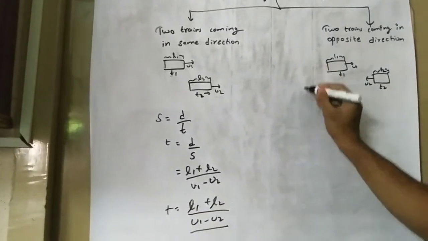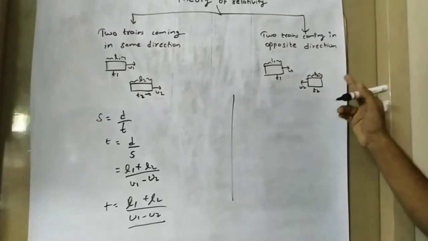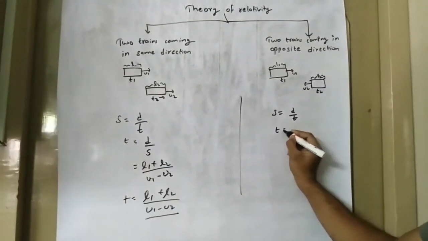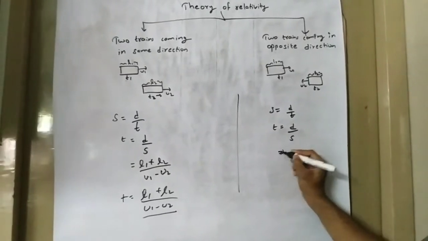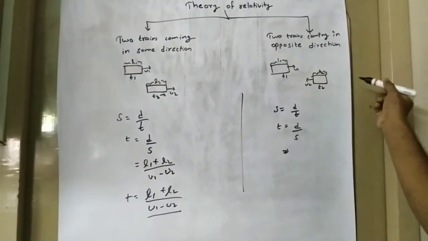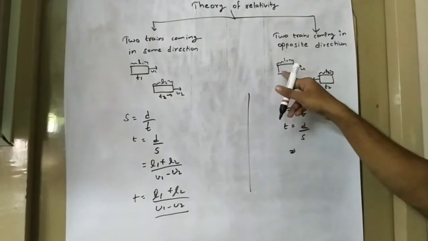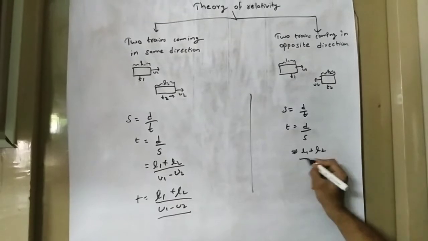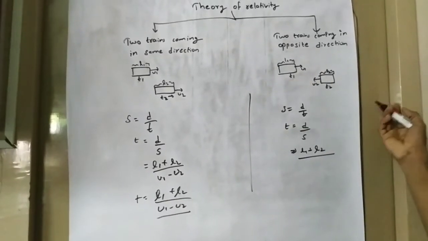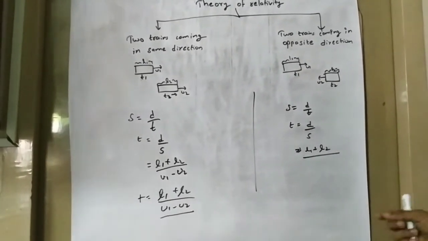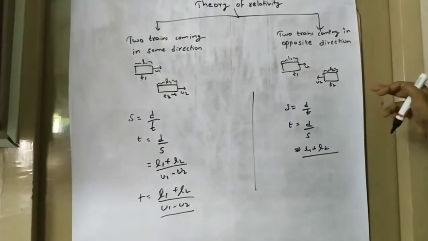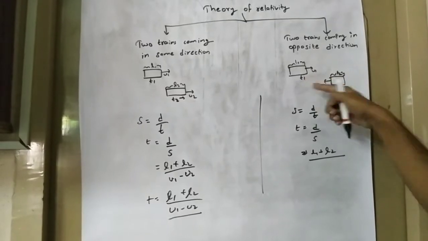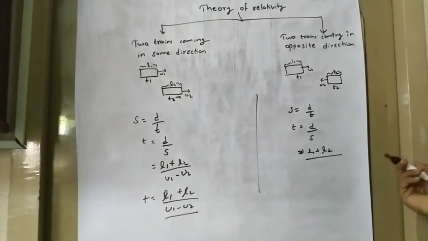Similarly, if you see two trains coming in opposite directions, we know speed is equal to distance by time and time is equal to distance by speed. To cross, the total distance covered will also be L1 plus L2, but here the speeds will be summed up, because as the other train is coming in the opposite direction, relative to the first train it appears to be coming with a higher speed.